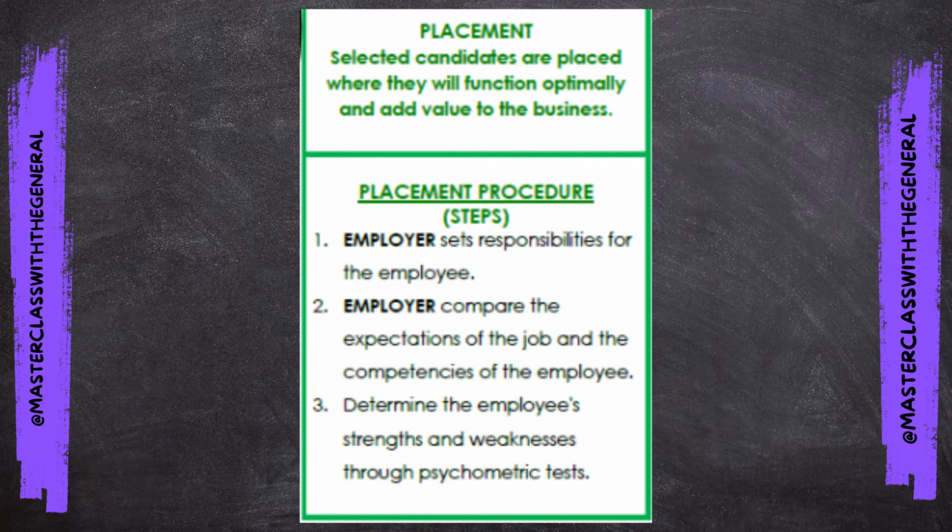So let's start off by looking at placement. Number one, selected candidates are placed where they will function optimally and add value to the business. What are we saying? Remember, these procedures follow each other. We said recruitment, we attract them, they apply. Then in selection, we receive those applications, we select through an interview process, and we identify the right person.